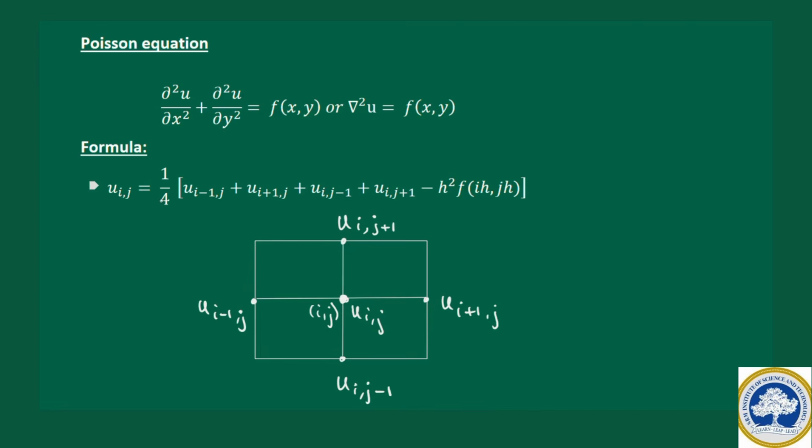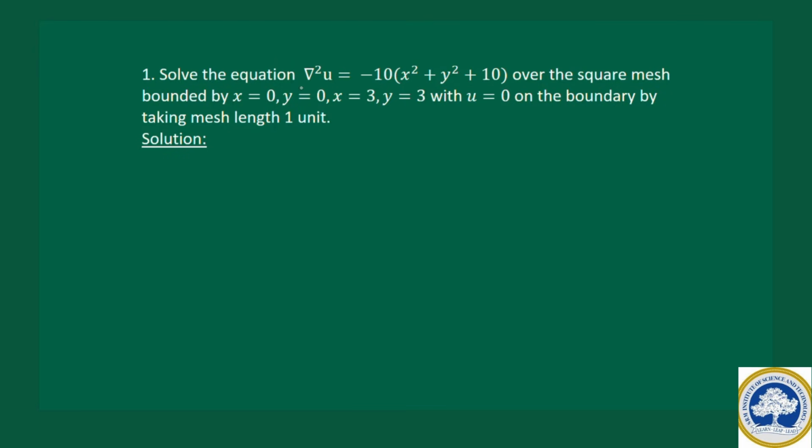So the formula is 1/4 into u(i-1,j), u(i+1,j), u(i,j-1) and u(i,j+1); we have added all these 4 values. Apart from that we have to subtract the function value at this particular point (i, j). While doing the problem it will be more clear how to use this formula to solve the Poisson equation.